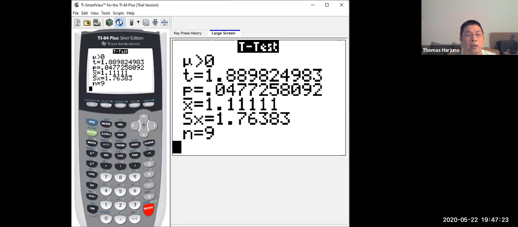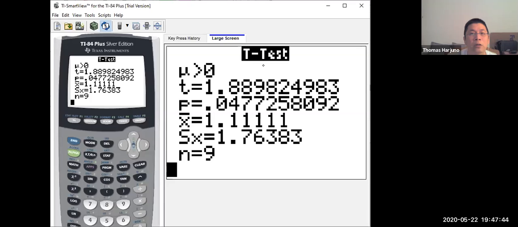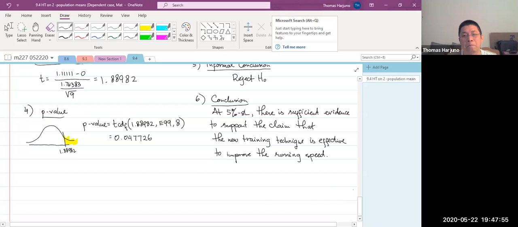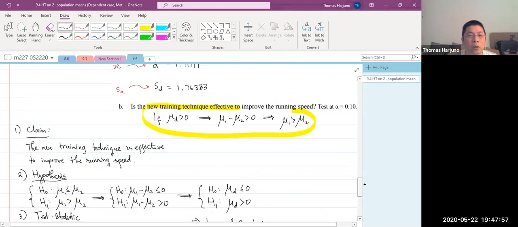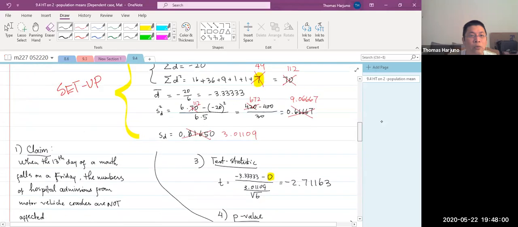So my test statistic is 1.88982, and my p-value is 0.04773. Okay, that's if you want to use your calculator to work on that. How many examples have I given you here? Already 2 examples.